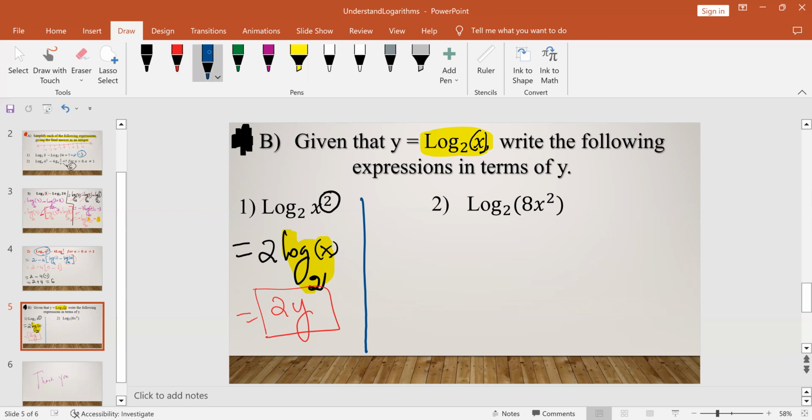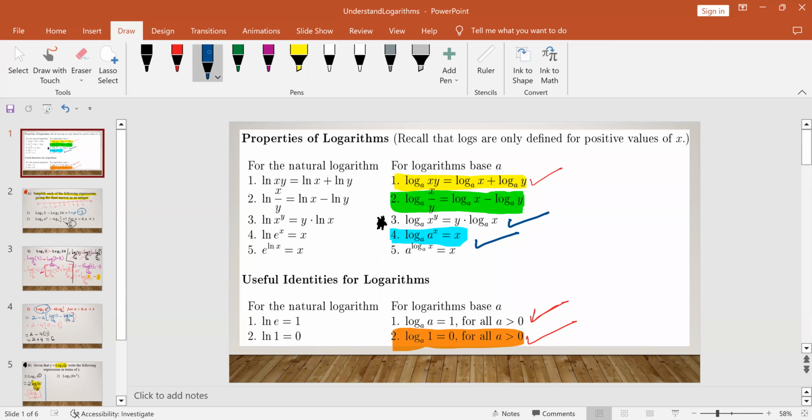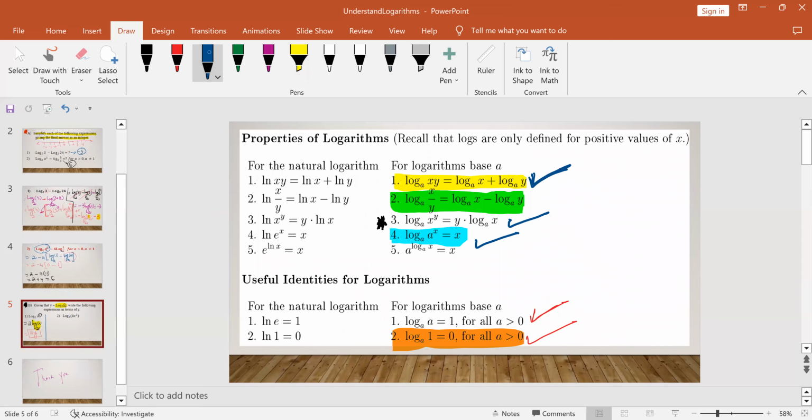The next one. For the next one, we're going to use the product property. If I go back to the properties, the first one here: when you have a product, you break it down as the addition of two logs.